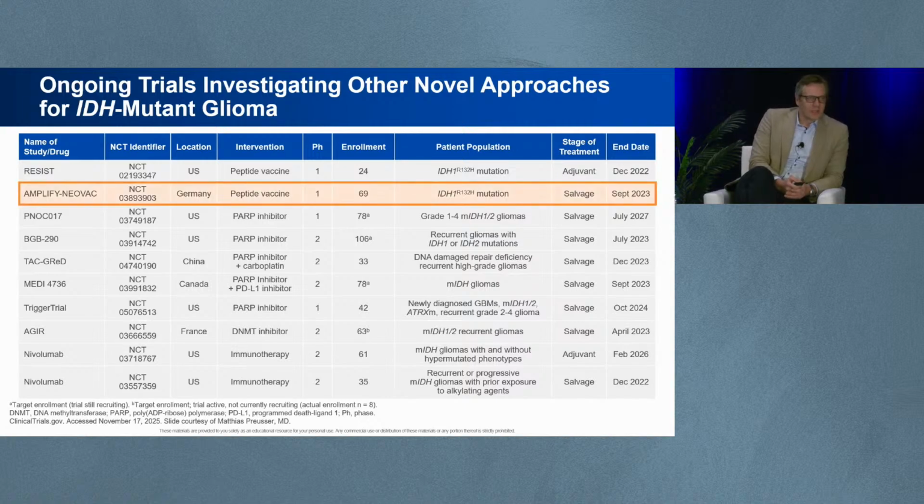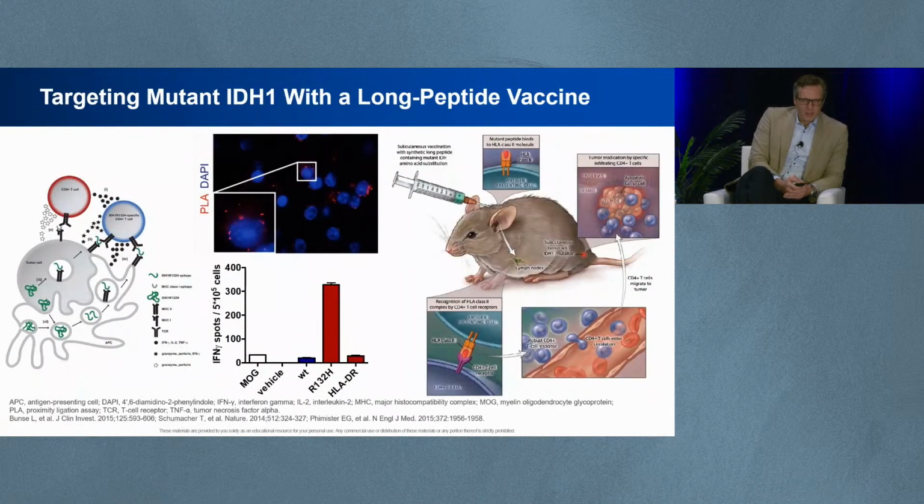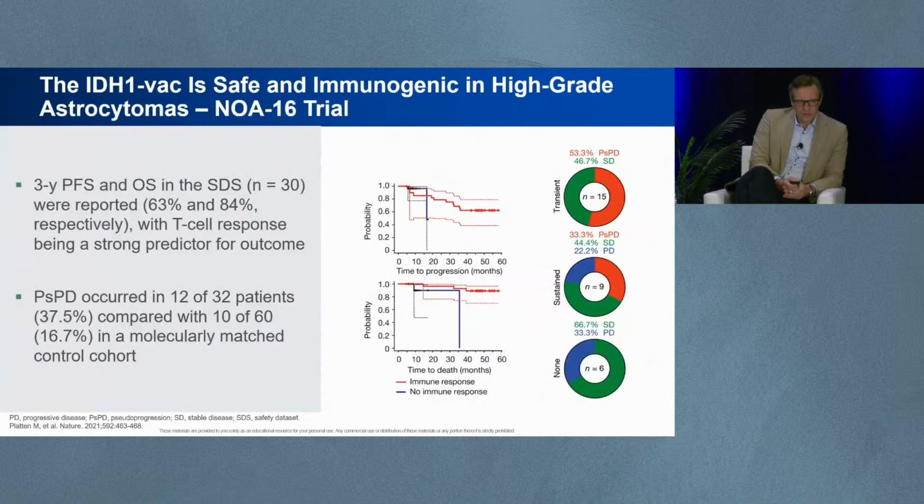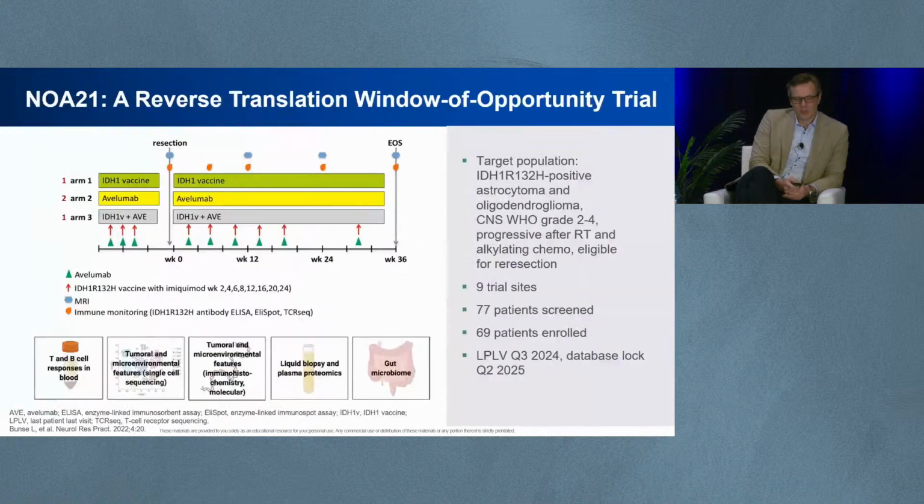I will not go into details for the sake of time, but want to highlight that there's a lot going on with peptide vaccines, such as the Amplify-Neovac trial, where a long peptide vaccine targeting IDH1 has been developed by the colleagues in Heidelberg, Michael Platten and Lukas Bunse. Some early clinical trials have reported immunogenic responses to this vaccine, and also some pseudoprogressions occurring in up to almost 40% of patients, indicating potential activity.